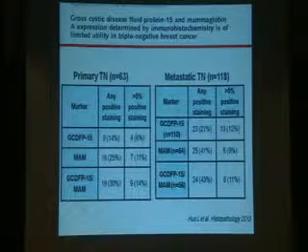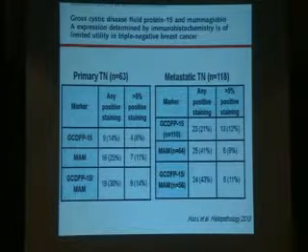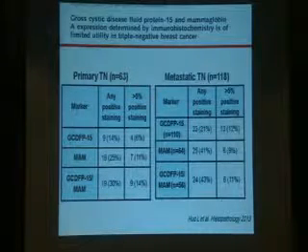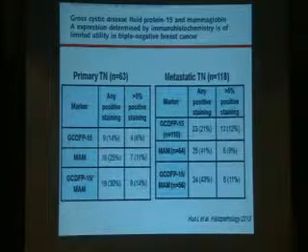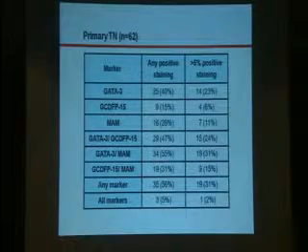And even if you are going to accept any positive staining as positive, or more than 5% of the staining positive, which is a very arbitrary cutoff point, the sensitivity of GATA3 is not that great for estrogen receptor negative tumors.